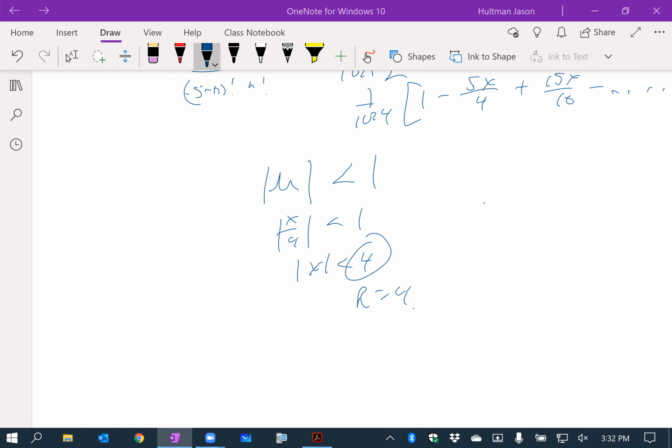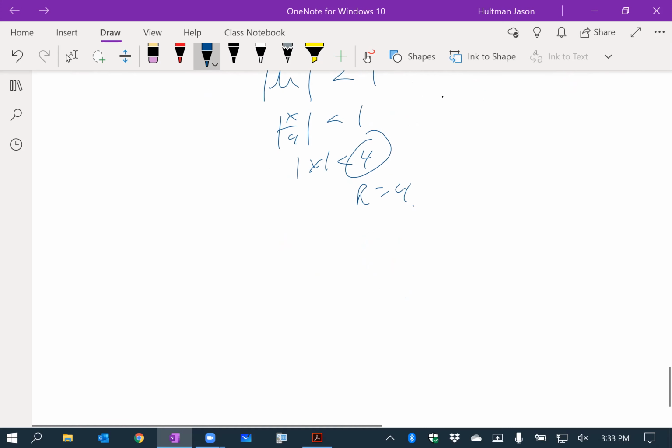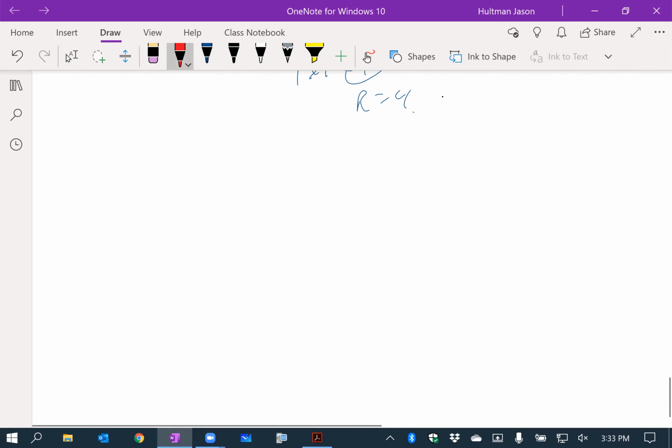Oh, how to factor the right way? Oh, okay. Are you doing the ratio test on this one? Yes, okay, perfect. Let's do number 14.